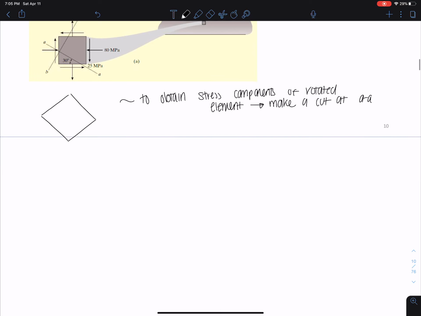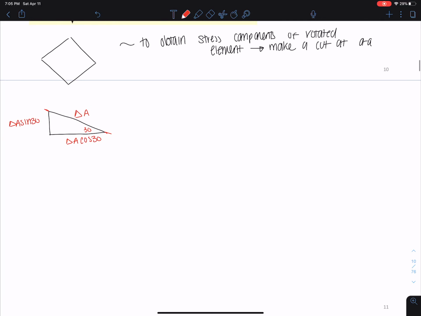So I'm going to do that down here. I'm going to draw whatever is left of that. This would be AA from here to here, and what we have is some delta A. This is the area. The bottom segment's removed, so this inclined plane has an area of delta A. This is a 30-degree rotation of the element, which means this would be delta A cosine 30 and delta A sine 30.